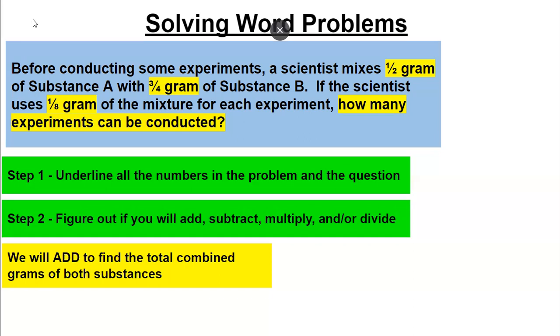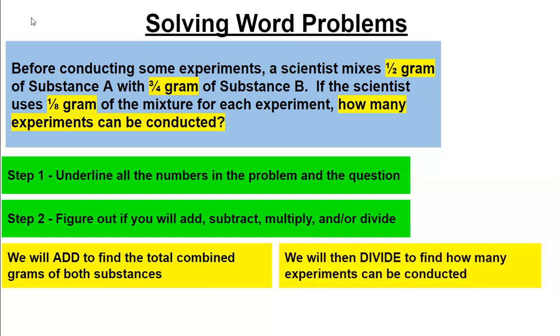When you hear the word each, that sounds like a dividing problem. So the second step is we're going to divide to find out how many experiments can be conducted. This is very similar to the lentil problem. You have to add two numbers together and then you have to divide by the size of the mixture, or in our case before, the size of the scoop. So let's go ahead and do that on the next page.